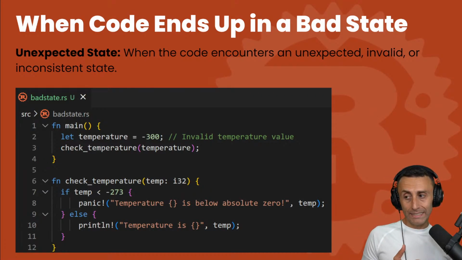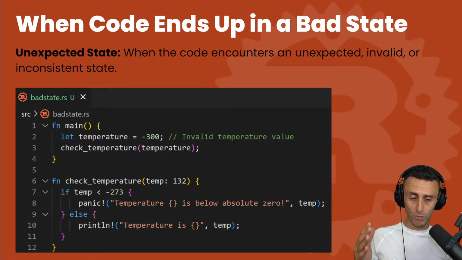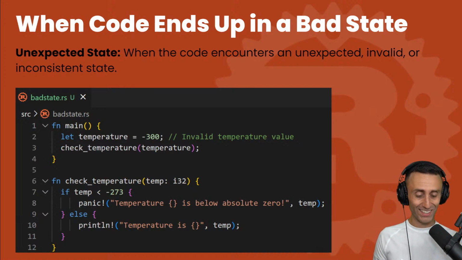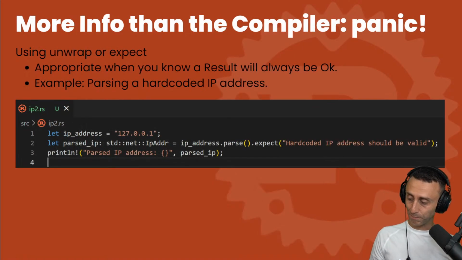And let's pretend that this number has not been passed by a user, but maybe, I don't know, by a sensor, by another program. In this case, we want the program to panic. Something bad really happened here. This is not what should happen. So in this case, we might want to intentionally panic the code. Check line 8. Temperature is below absolute zero. This is not physically possible.